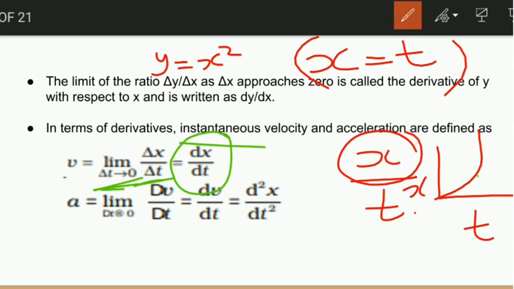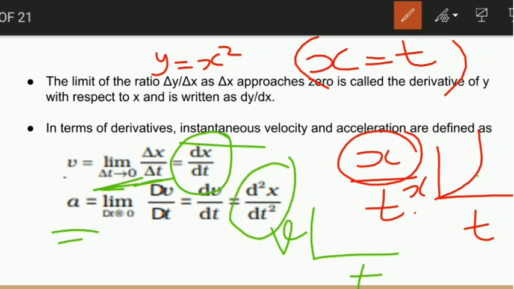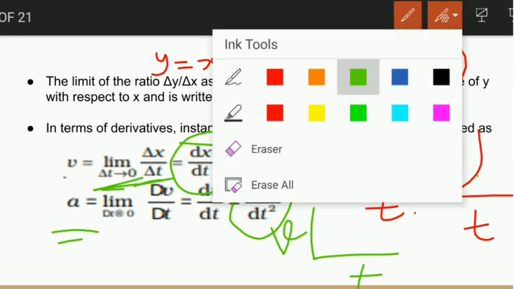And similarly, acceleration, if we draw the same graph plotting velocity versus time, we will get the value of acceleration. So you have seen here d square x by dt square. It's very simple. You know that v is dx by dt, right?